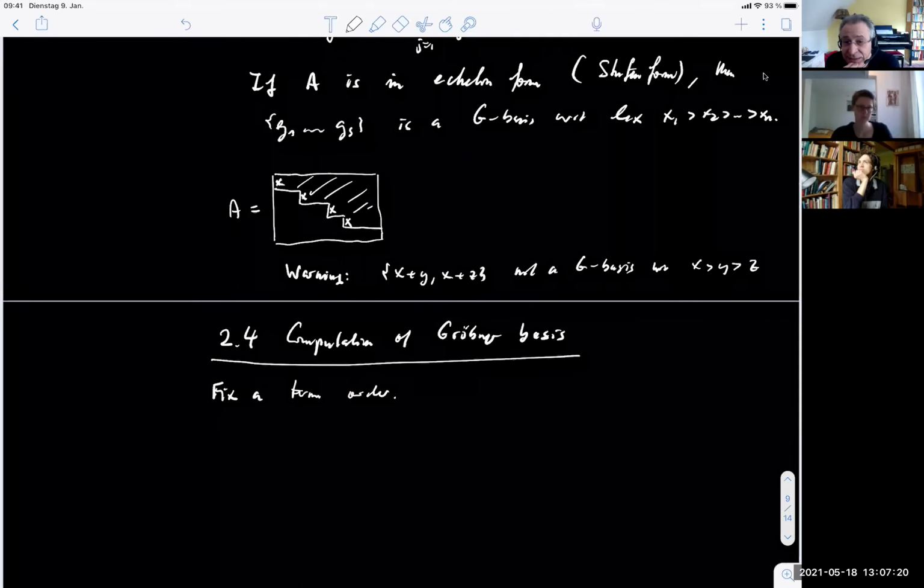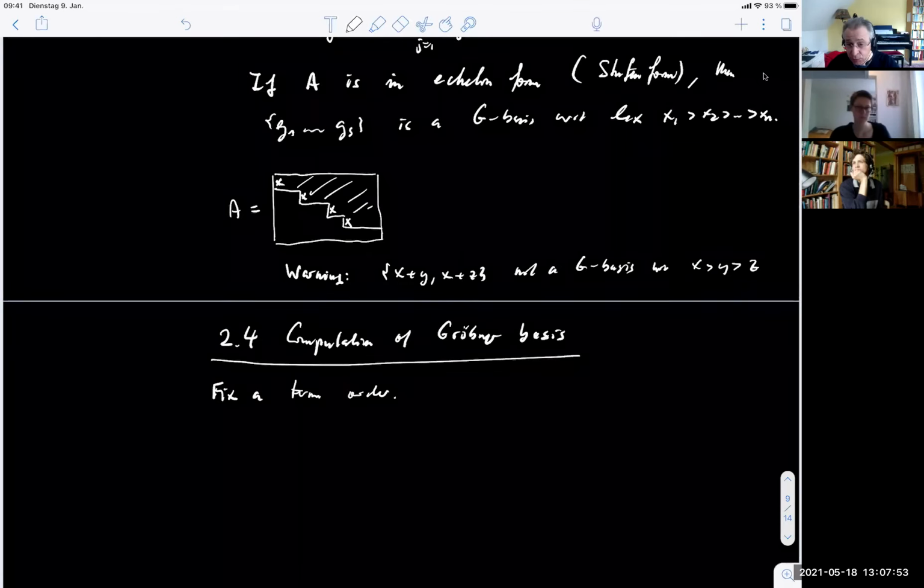The reason is that the polynomial ring is Noetherian. If I add a polynomial where the normal form was not 0, then I have strictly increased my leading ideal.